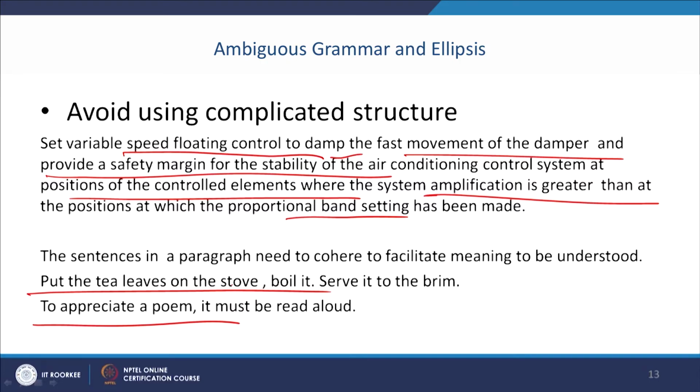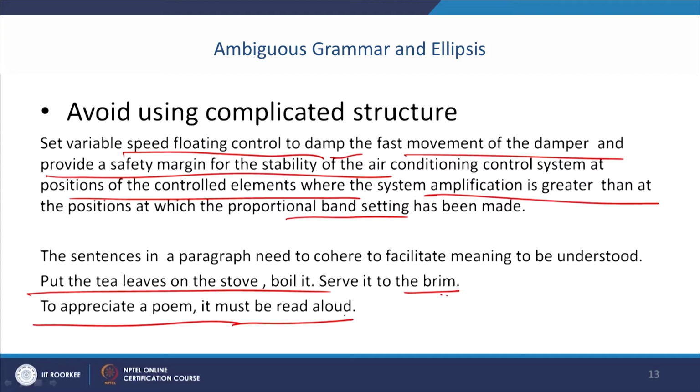You actually meant to put tea leaves in a utensil on the stove, boil it, and then serve it to the brim. Again, to the brim also confuses people. So, when you are going to give instructions or explain something, see to it that the meanings are clear. Again, the last sentence: to appreciate a poem, it must be read aloud. This sentence also can be changed.